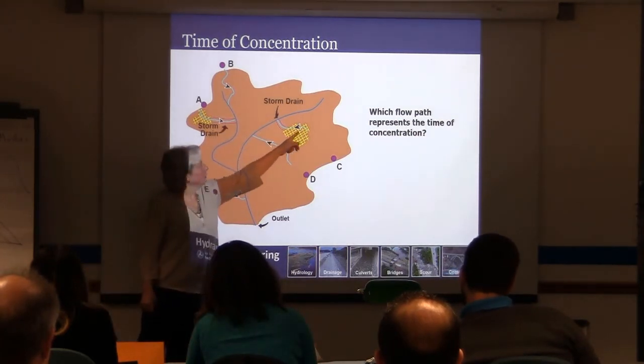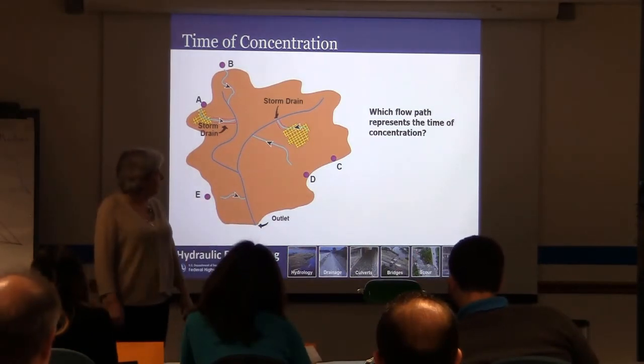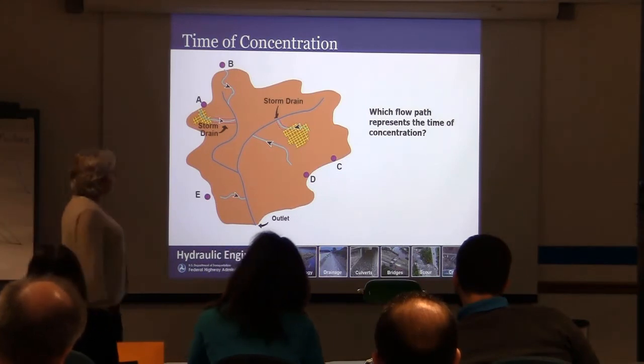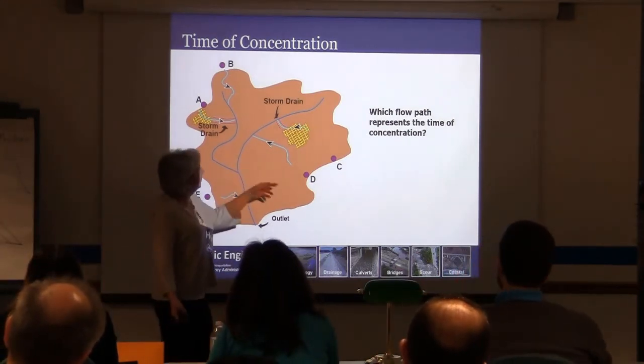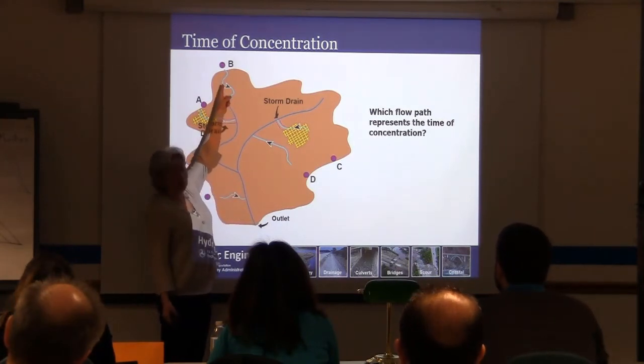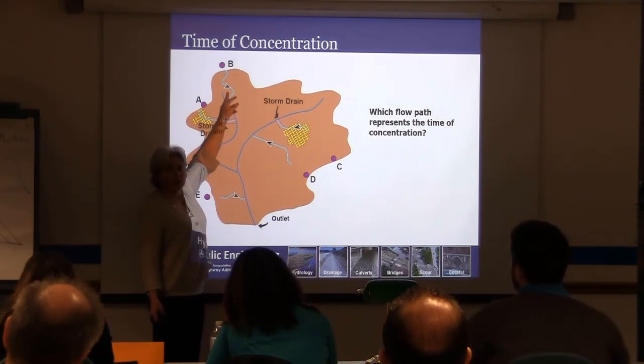Here's another storm drain. Here's your main stem, and here's a tributary. So if you wanted to find the flow path of this one, you might say, I think it's C. But could it be B? I don't know. You'd have to look at it and see what the circumstances are here.